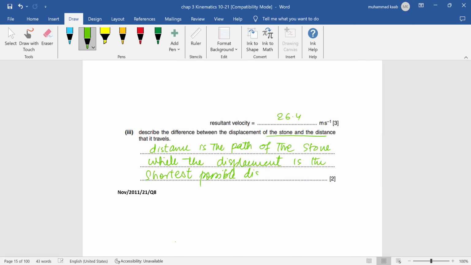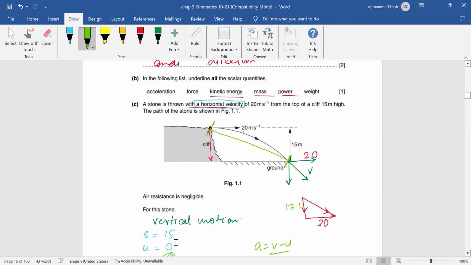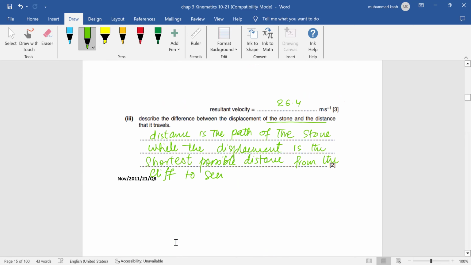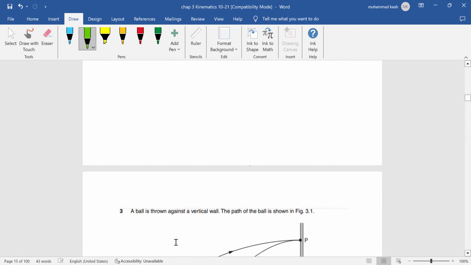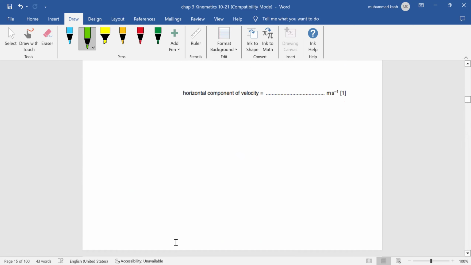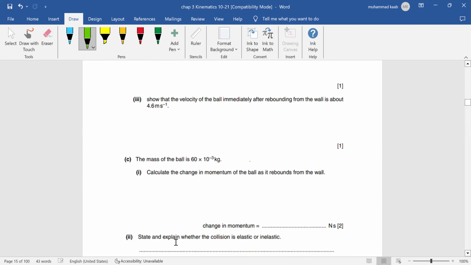You're launching the stone from the cliff, so the shortest possible distance from the cliff to the sea. Cliff to the ground. Perfect. Okay, let's move on to this question.